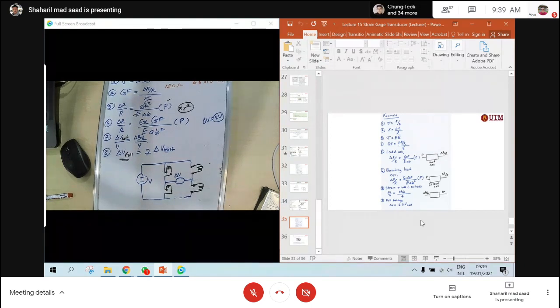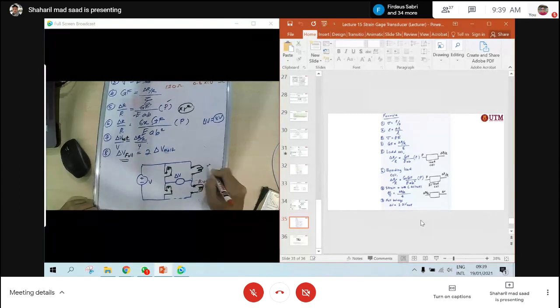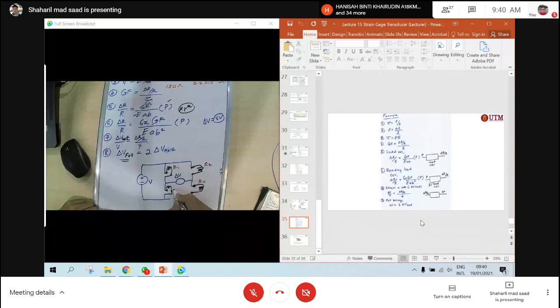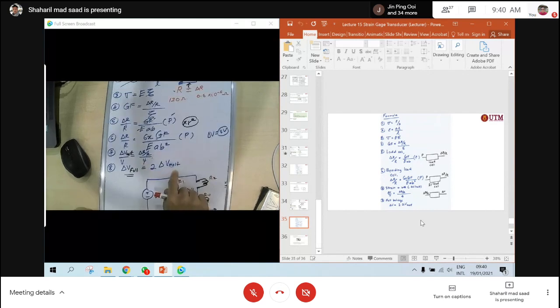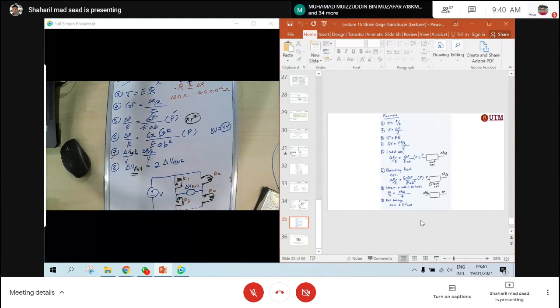Here I put R4, R2, R1, R3. This one we will call delta V full. Can you get it? In order to get delta V full, equal to 2 times delta V half, you need to do formula number 7 first. Delta V half equals delta R over R divided by 4 times V.